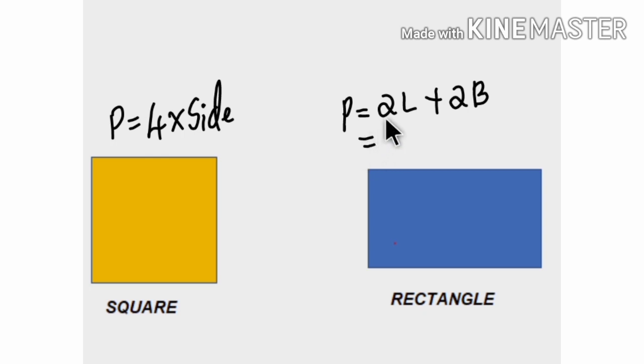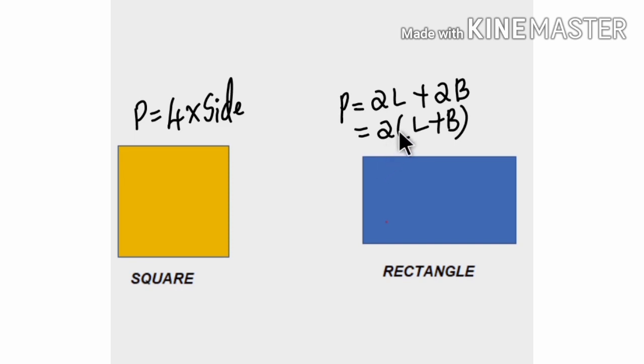Now let's take 2 outside, that means 2 into L plus B. So this is the equation for finding perimeter of a rectangle: 2 into length plus breadth. Because there are two lengths and two breadth, if we take 2 as common, 2 into L plus B.